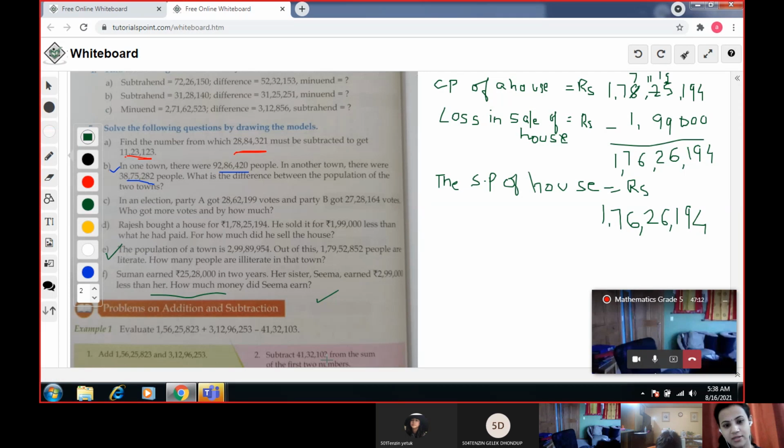You have to find her sister's earning amount. Her sister earned 2,99,000 less than her.